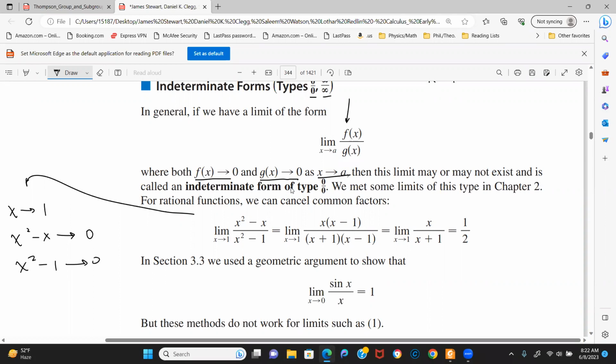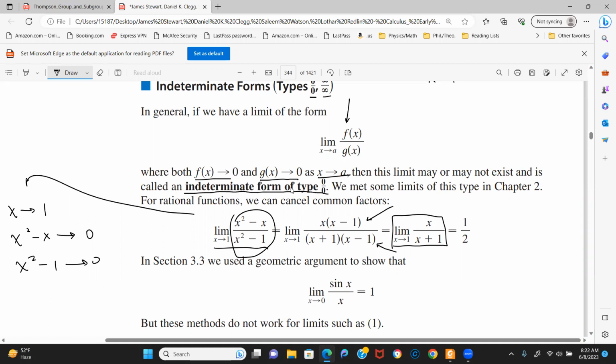So if we just naively compute this limit, we're going to get this indeterminate form of type 0/0. But we can avoid this by simplifying the thing we're taking the limit of, and then taking the limit. Namely, we factor the numerator and the denominator, cancel some terms out, and now we arrive at something whose limit we can compute.